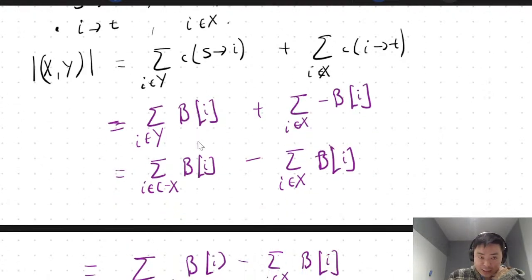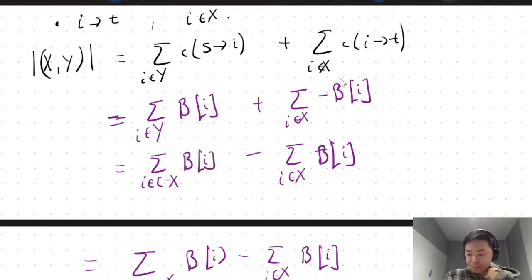So basically the value of the cut is just the sum of the edges from S to I plus this set of edges from I to T. So this is just by definition what the value of my cut is.